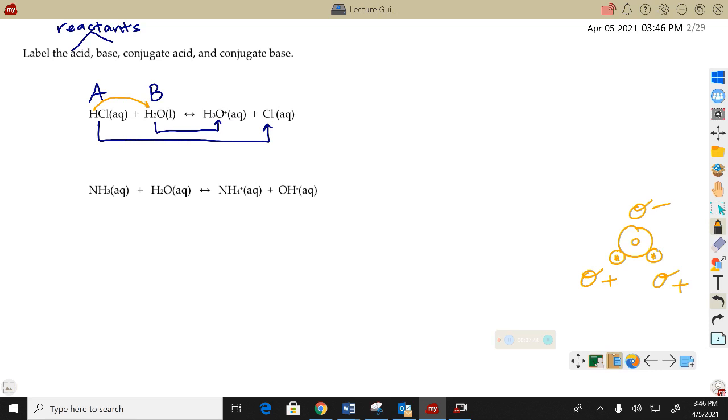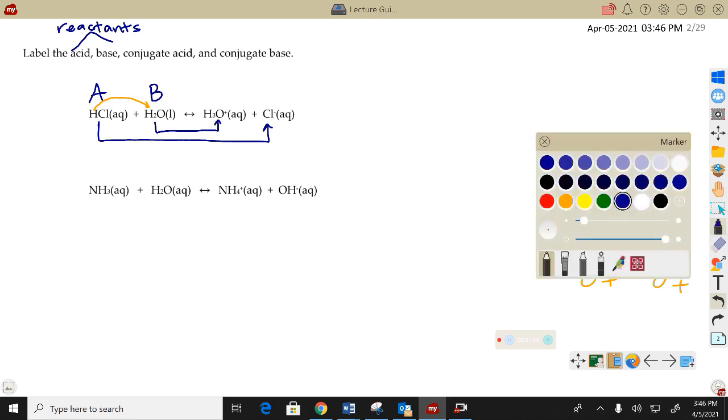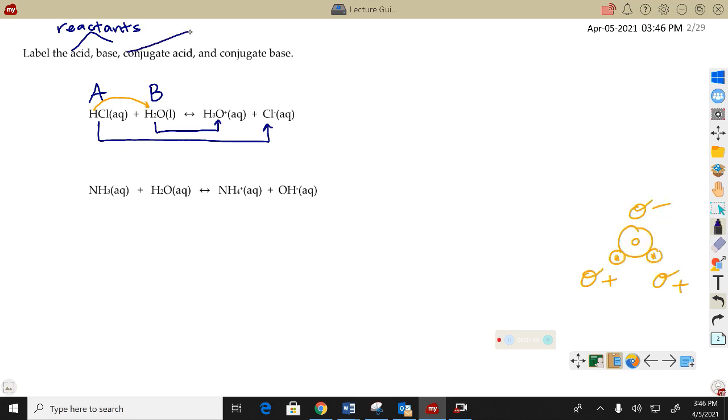Okay, so now the conjugates are going to be on the product side. So the conjugate acid and conjugate base are the products. And so we kind of ask ourselves, what if this thing were to go in reverse? It's a reversible arrow. What if this thing were to go in reverse? Then what's happening? So if this H3O plus were to go in reverse and turn back into water, what does he have to do?